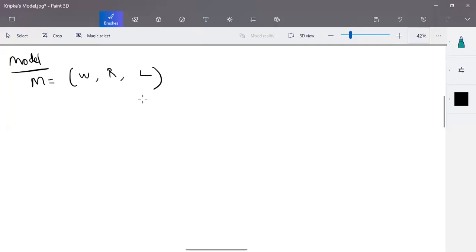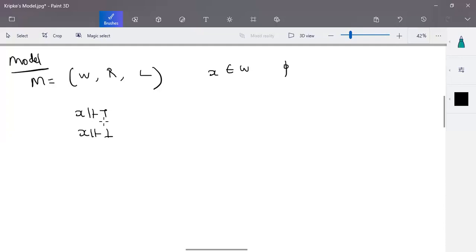Now consider in this case, if X is a variable or an element in this W, and phi is the formula, we can write the statement as entailed to true. This is allowed. This is your semantic entailment. It is going to verify whether X is present in the world or not.